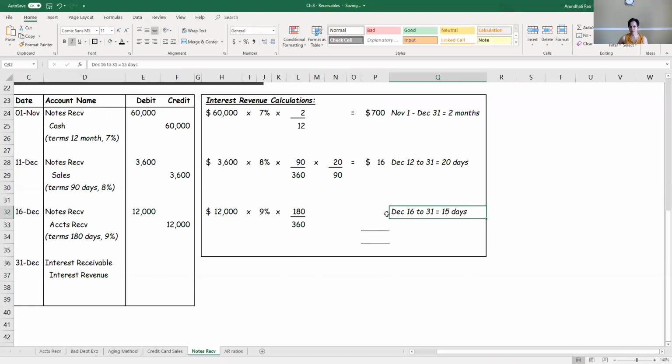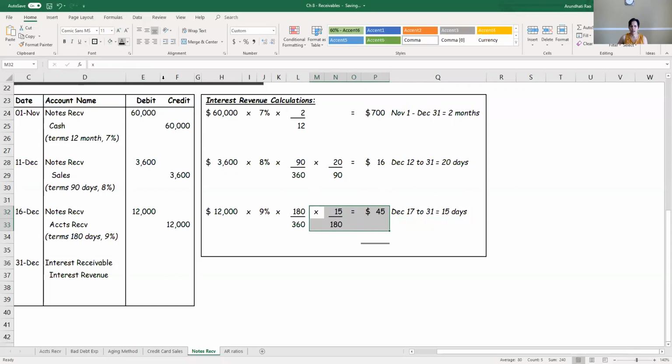We are looking at 15 days. It should actually be 17, not 16. That's my mistake there in what I wrote. 17 through the 31st is 15 days. Now, again, we do the calculation over here, and the extension is 15 over 180. That works out to 45.